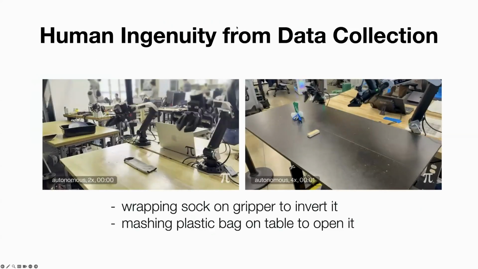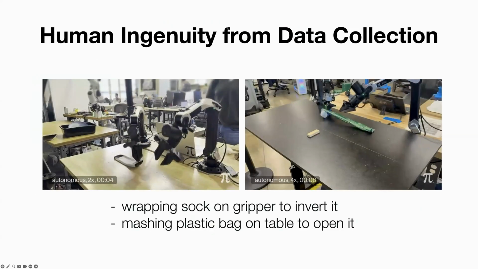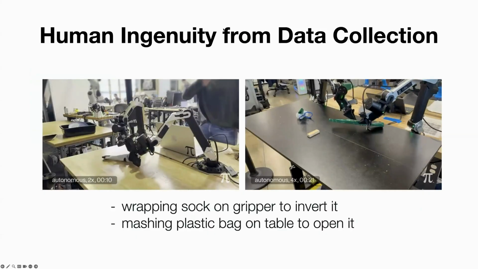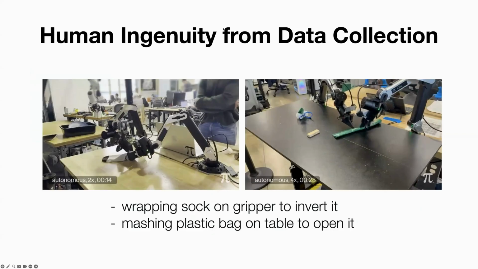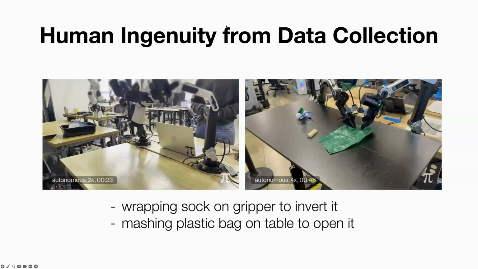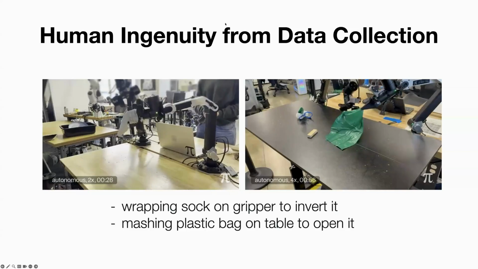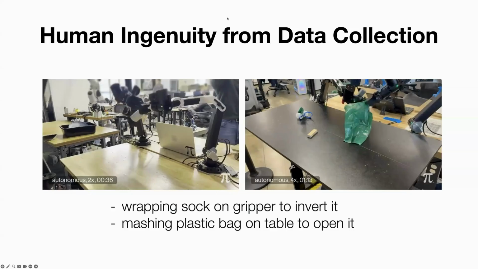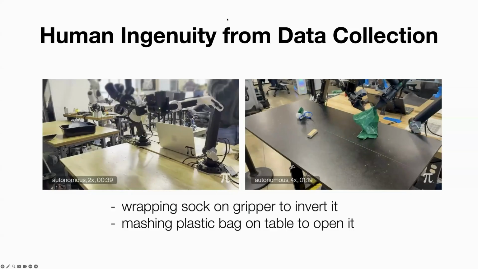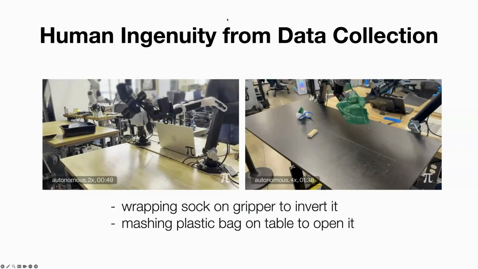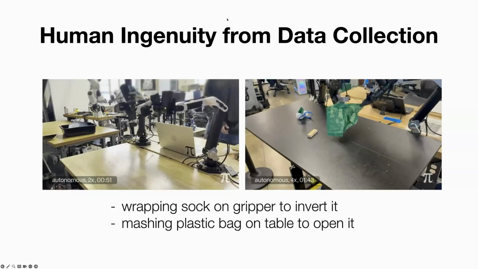And why is this important for robotics? If you look at these really fantastic demos from Physical Intelligence, we can have robots do really complex tasks with really novel solutions. For example, wrapping the sock on the gripper to invert it, because the robot they chose to use only has jaw grippers and not a dexterous multi-finger hand, so it cannot just flip the sock inside out like we do.